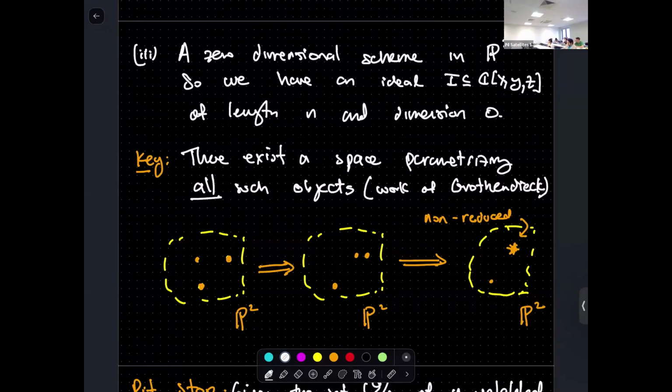And the space that you obtain here, as you have written, is called the Hilbert scheme. So the choice that we end up with here is the Hilbert scheme of n points of P2, which is a really nice space.